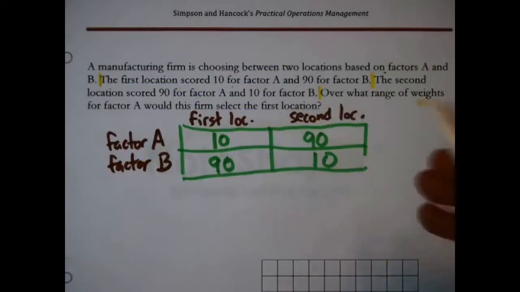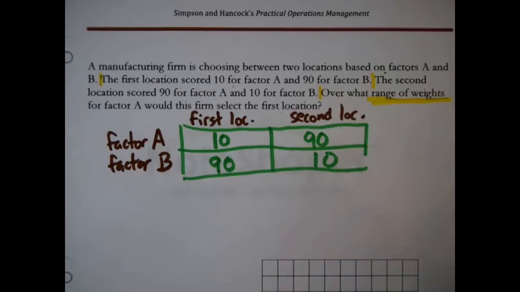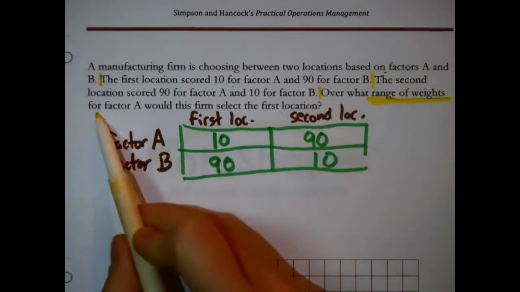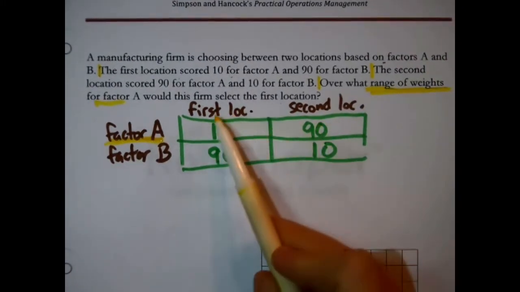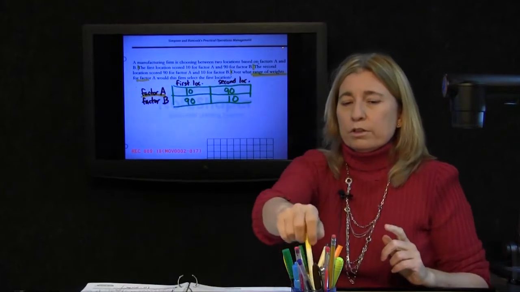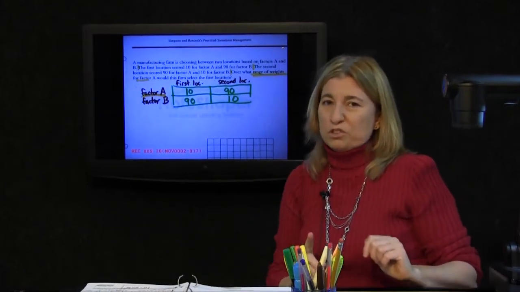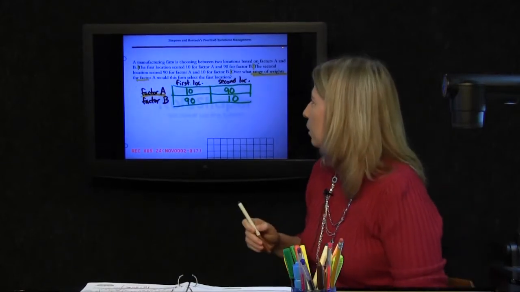Oh, range. I bet we're going to need to draw a picture. Range of weight for factor A. Okay, this one. Would the firm select the first location? This one. Now, before we go any further with analyzing this numerically, let's just check our understanding.